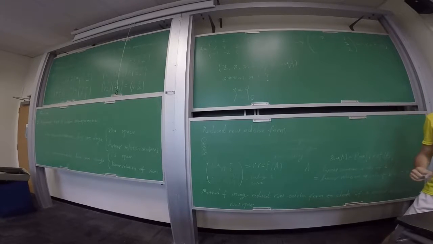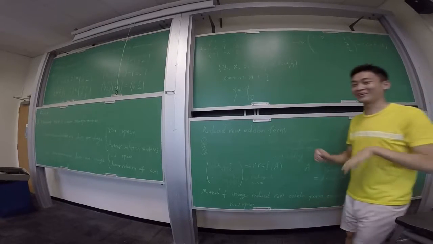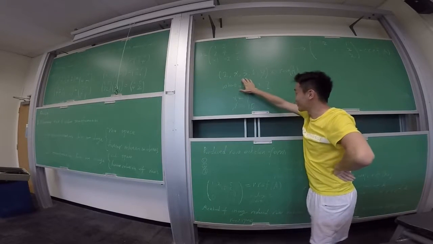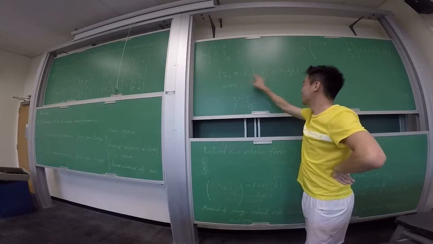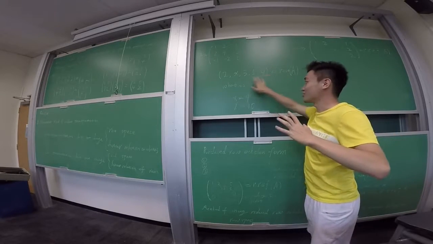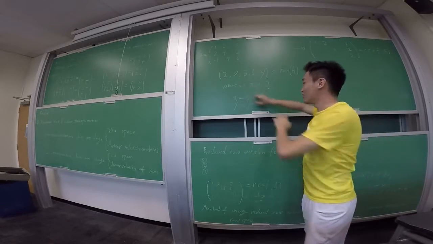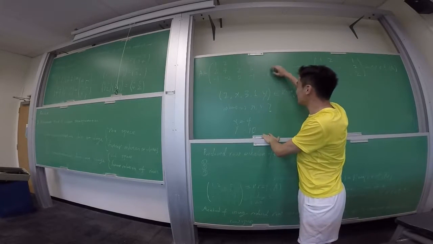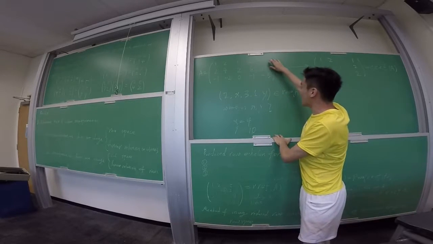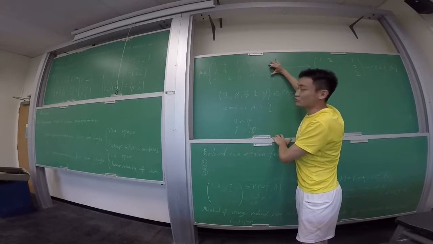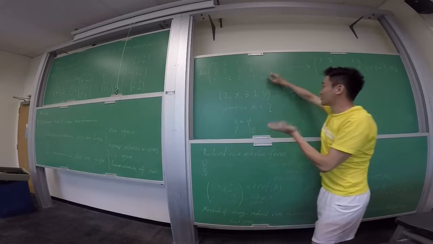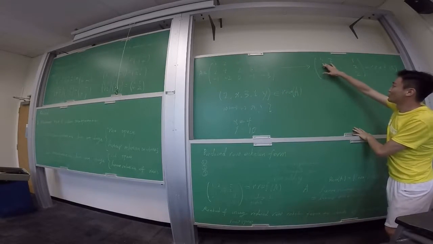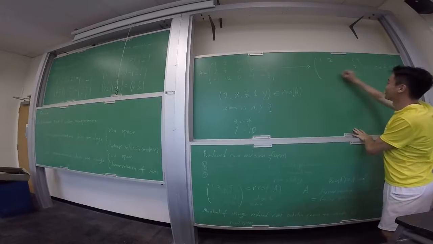Everybody clear? Or not? Okay, as you can see, I assume that this row vector is in the row space of A, which means this vector should be a linear combination of those three vectors, right? But any linear combination of those three vectors is actually the same as a linear combination of the row vectors right over here, right?